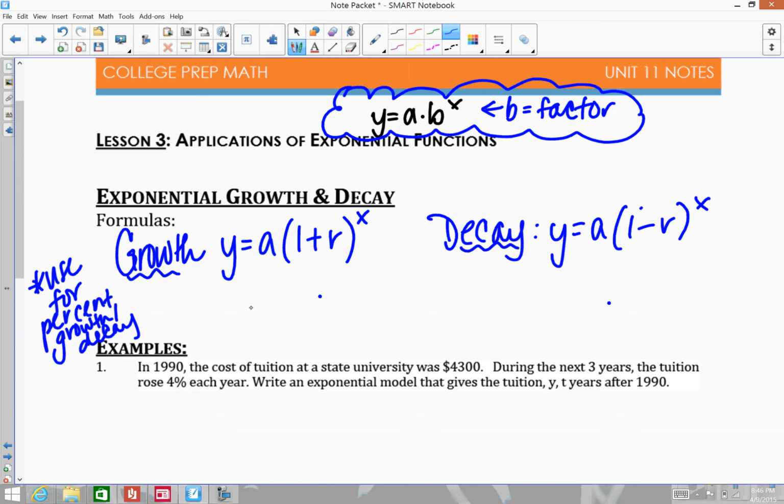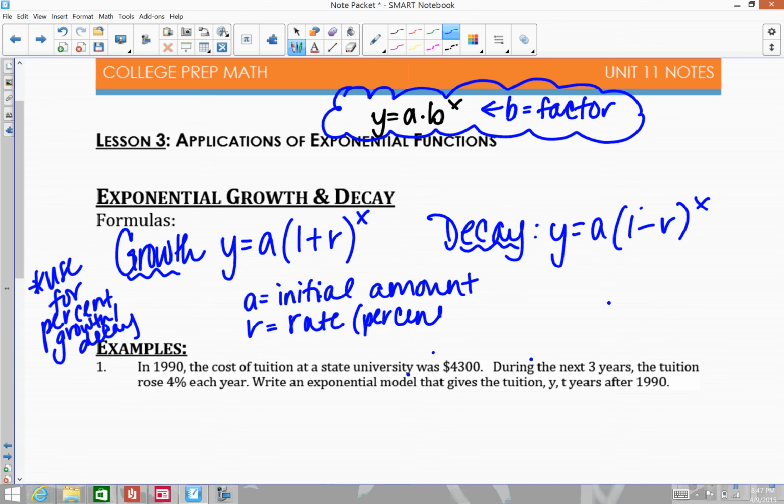Again, a is always going to be the initial amount for both of these. And r is the rate, and it's a percent turned into a decimal.